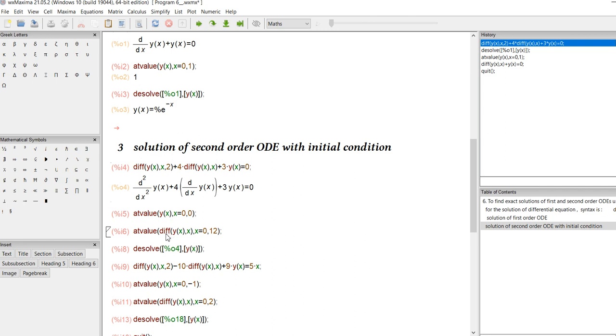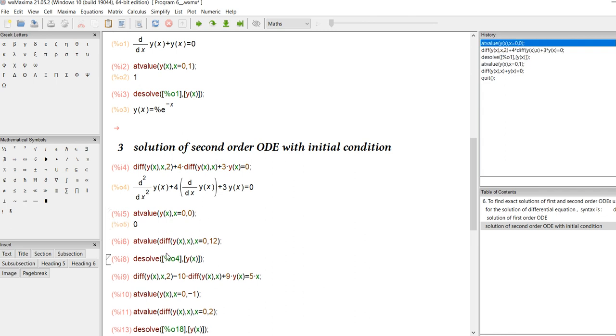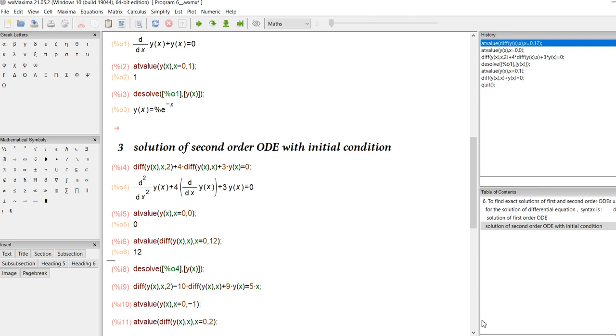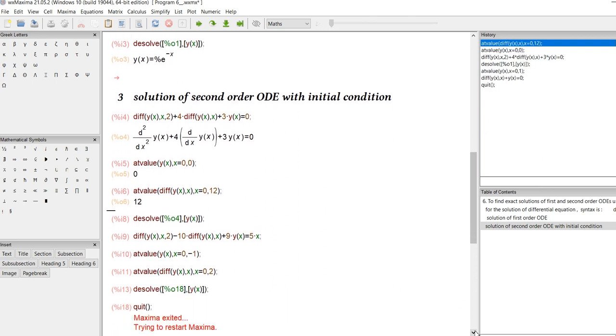Look here, this is the differential of y of x with respect to x and its value is 12. So how to enter? Shift and this, at value, bracket, simple start. You have to enter the expression that is y dash at 0 is equal to 12. So this is the syntax to write this in the memory of the Maxima software.